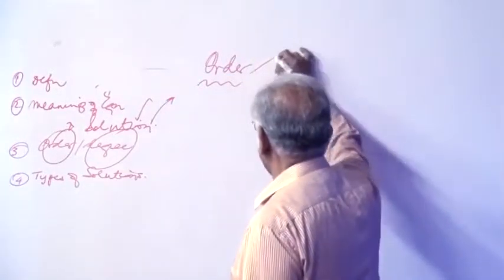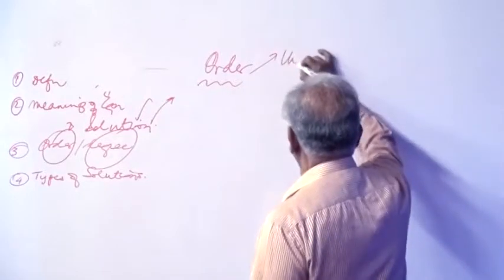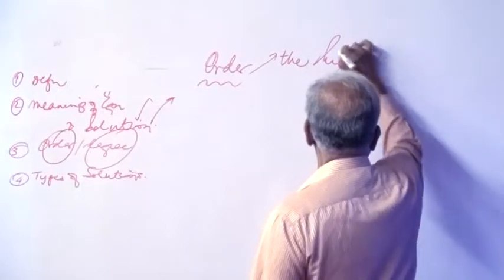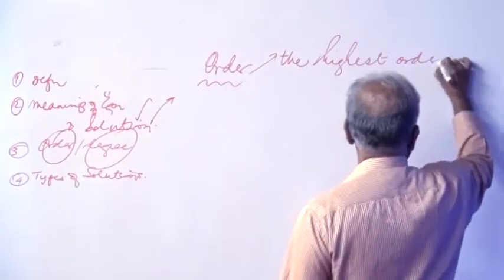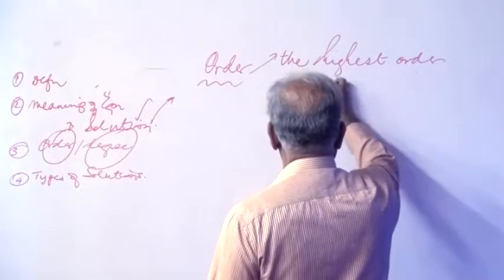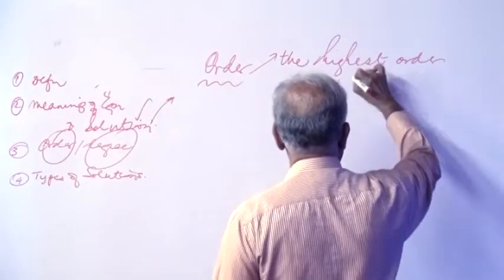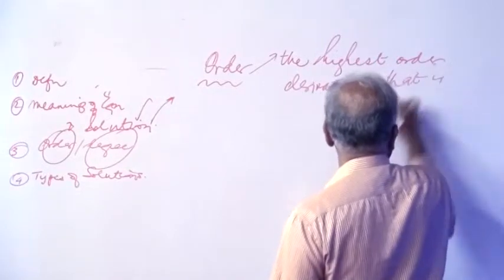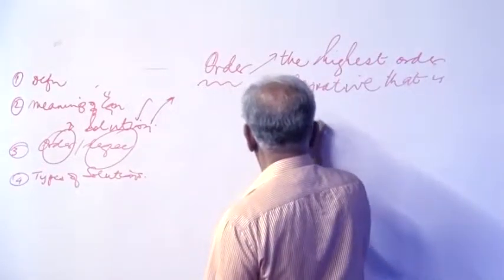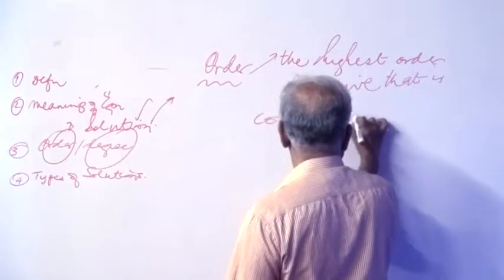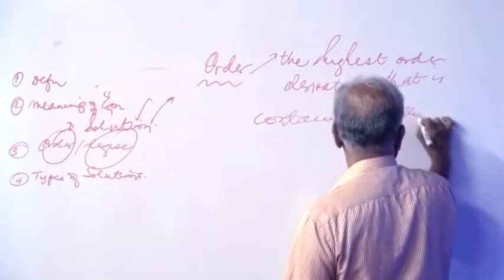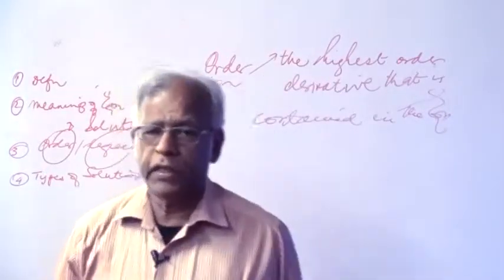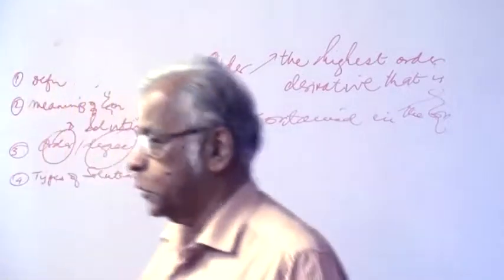So order is defined as the highest order derivative that is contained in the equation. The highest order derivative that is contained in the equation is called the order of the equation.